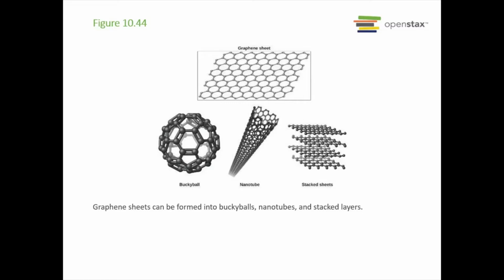It's very, very strong and lightweight. It conducts electricity and heat very well. And so it's being used more in things like computer chips and circuits and batteries and solar cells and lighter structural materials. It's really cool. It can be manipulated into what are called Buckminster fullerenes, aka buckyballs, or into nanotubes. So if you hear of carbon nanotubes, it's graphene, or stacked sheets, which makes graphite.